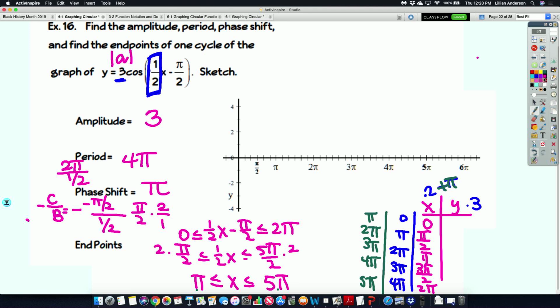Now this is a cosine function, which means my original y's start at 1. And every single one of those is getting multiplied by 3. So that's 3, 0, and what you see in the green are the points of this function.